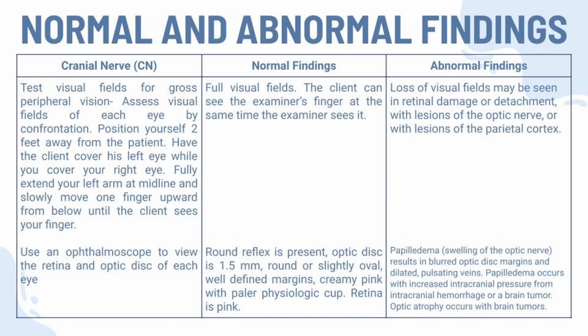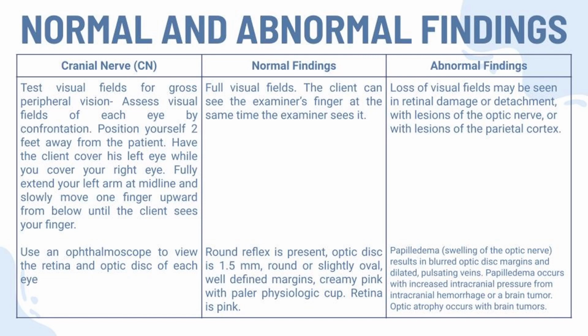Next is use an ophthalmoscope to view the retina and optic disc of each eye. For the normal finding for this, red reflex is present, optic disc is 1.5 millimeters, and then it is round or slightly oval, well-defined margins, creamy pink with paler physiologic cup, and retina is pink.